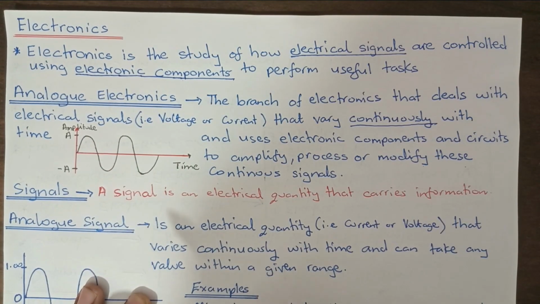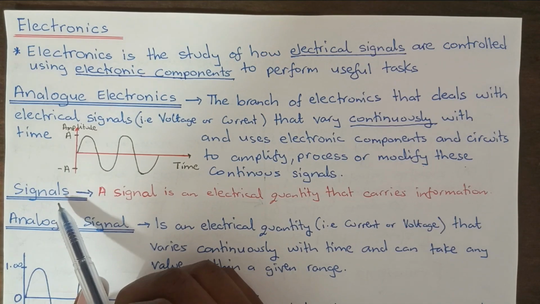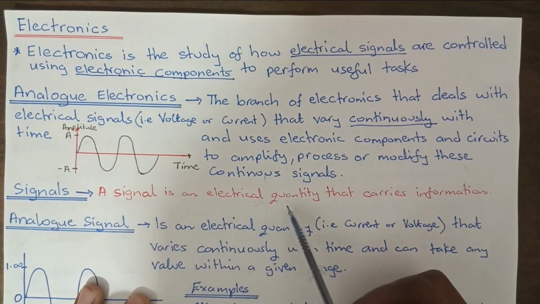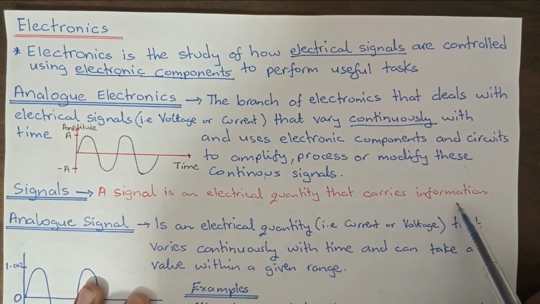So what is a signal? A signal is an electrical quantity that carries information. An electrical quantity, voltage, an electrical quantity, current, which carries what? Information. It carries information maybe in terms of numbers. Let's say we've got 1,2 volts.